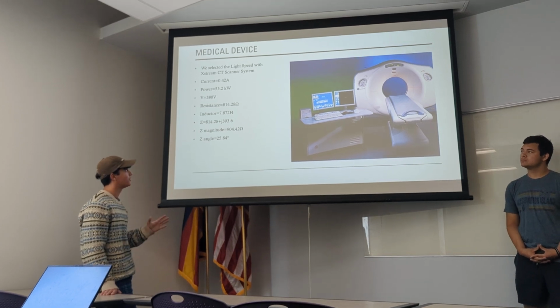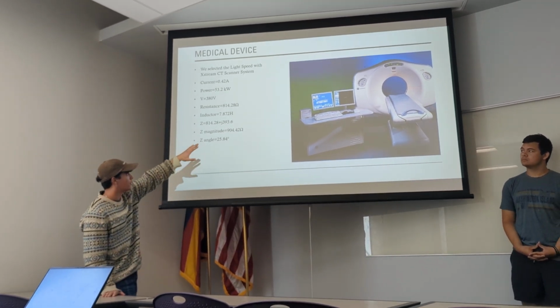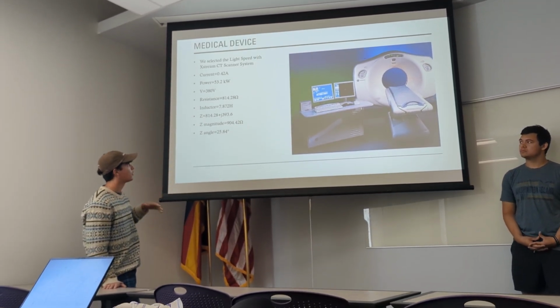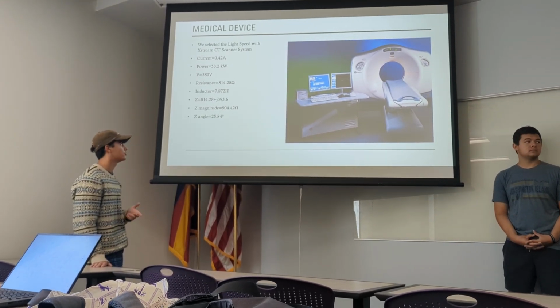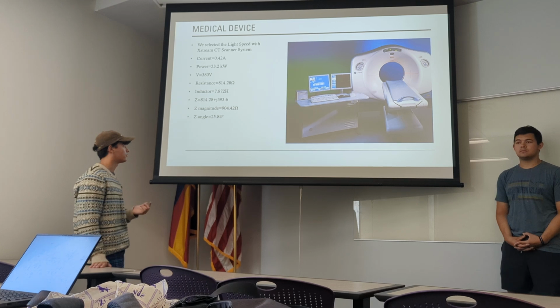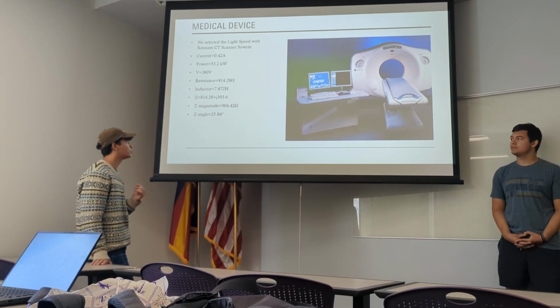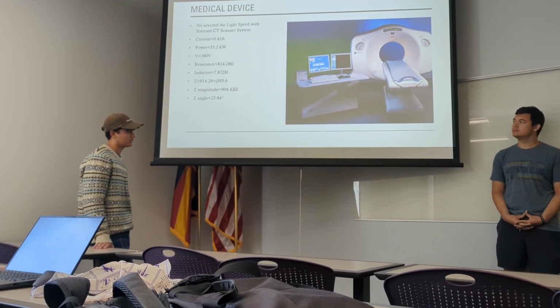So the impedance value for this is given in that bullet point right there. That's the one in rectangular form, and converted to polar form, the magnitude is 904.42 ohms, and the angle is 25.84 degrees.